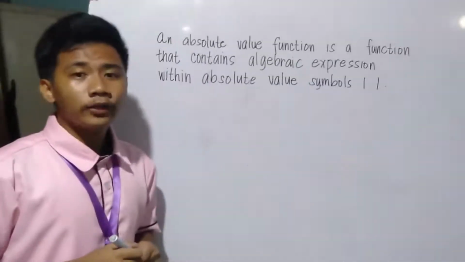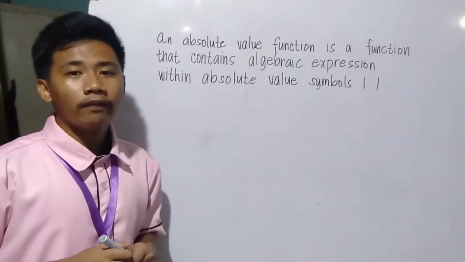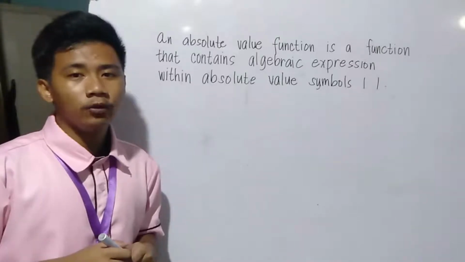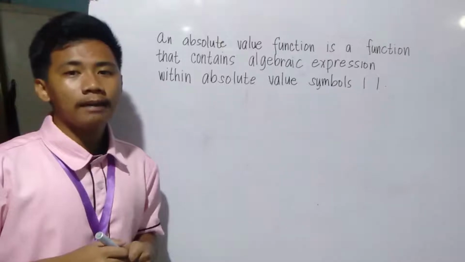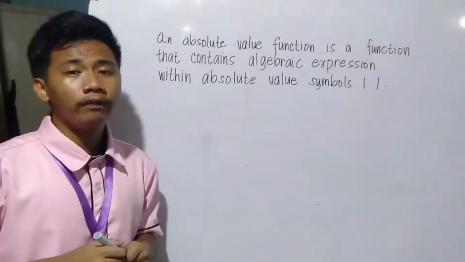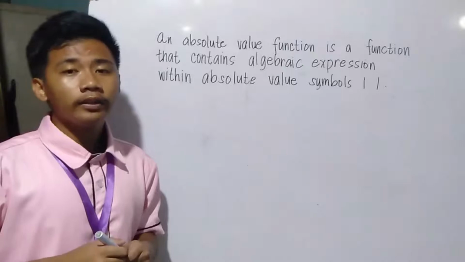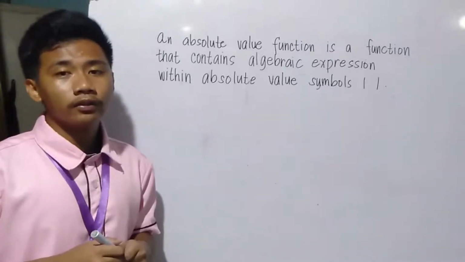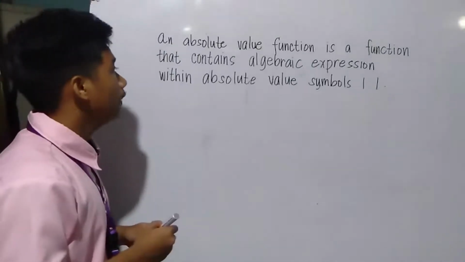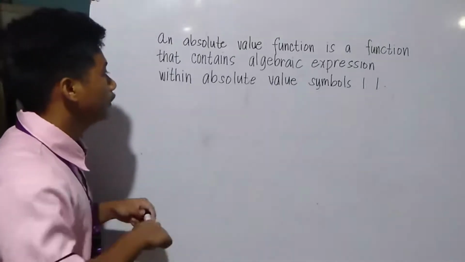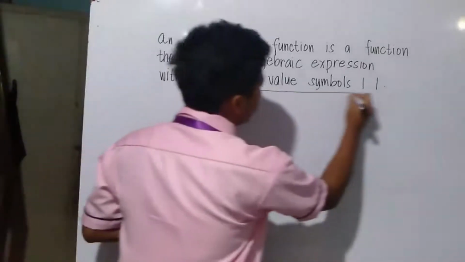Now, the last question of this video is how can we identify if a given relation defines an absolute value function? To identify whether a given relation defines an absolute value function, for example, given the equation, let's recall the definition of an absolute value function from earlier. An absolute value function is a function that contains algebraic expressions within absolute value symbols.